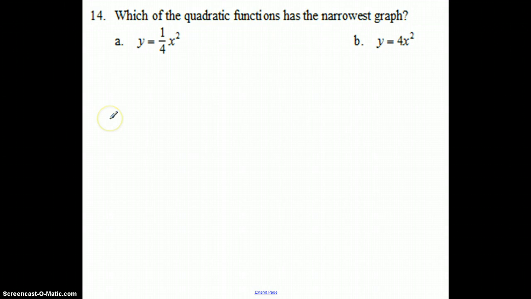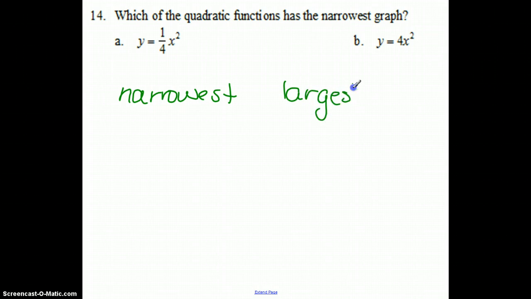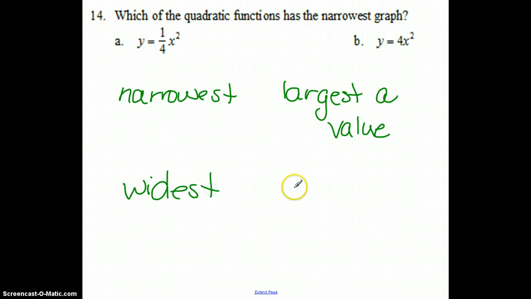Okay, which of the following functions has the narrowest graph? So really that's based on the A value. To find the narrowest, it has to have the largest A value. The widest has the smallest A value.